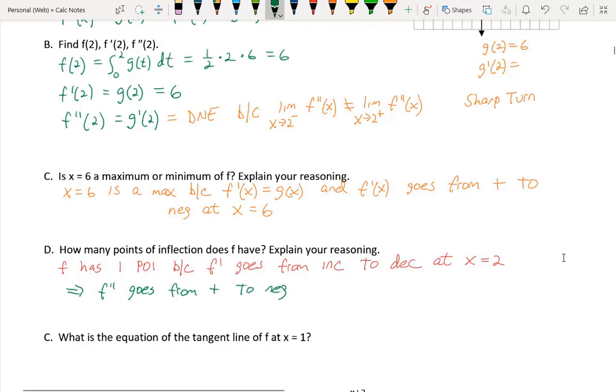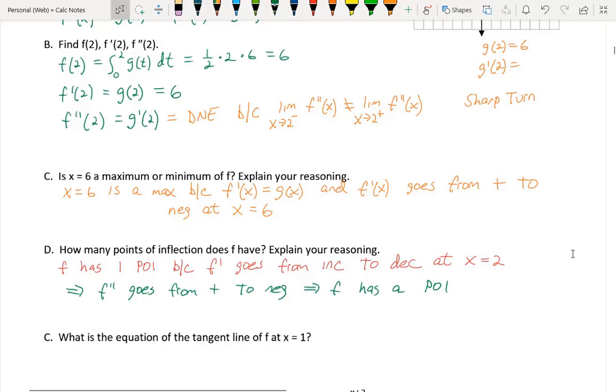So f prime goes from increasing to decreasing, f double prime goes from positive to negative, which implies that f has a point of inflection. The part in the green you don't really need. The part that talks about f prime going from increasing to decreasing is enough.